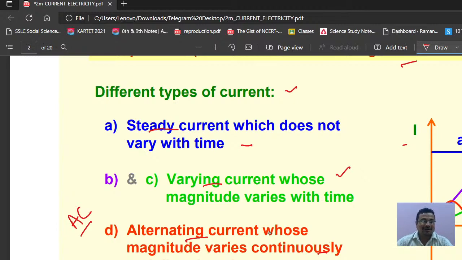That current is called AC. In India, the voltage of AC is 220 and the frequency is 50 Hertz. So the alternating current in India changes direction 100 times within a second. So we discussed three types of current: steady current, varying current, and alternating current.